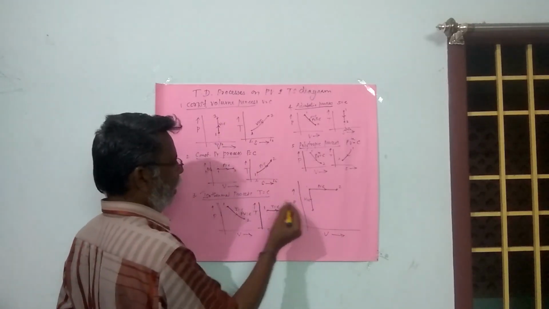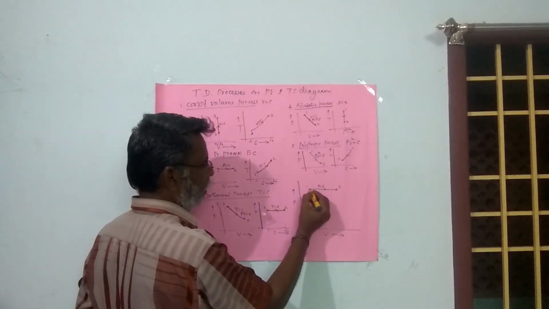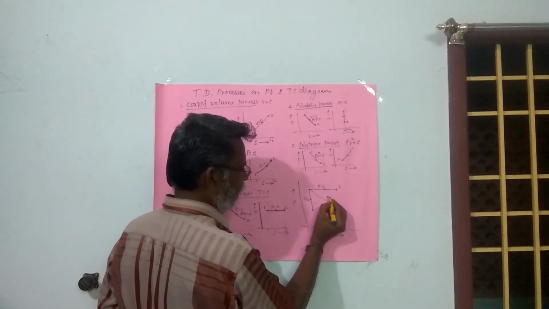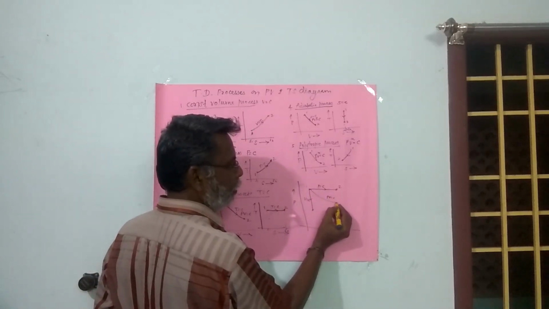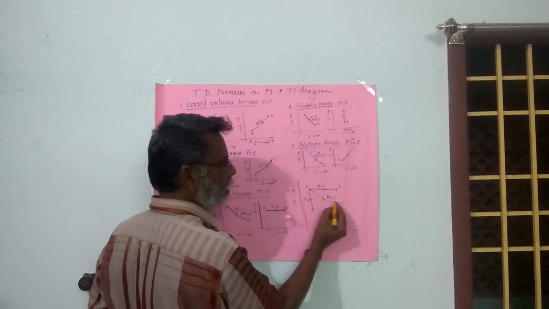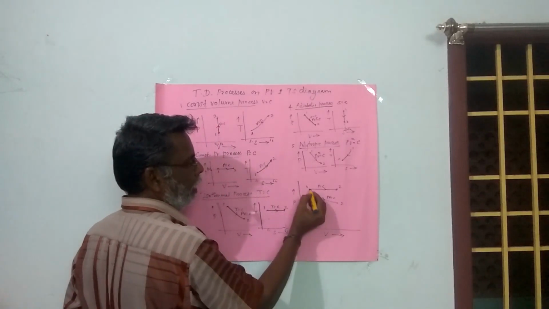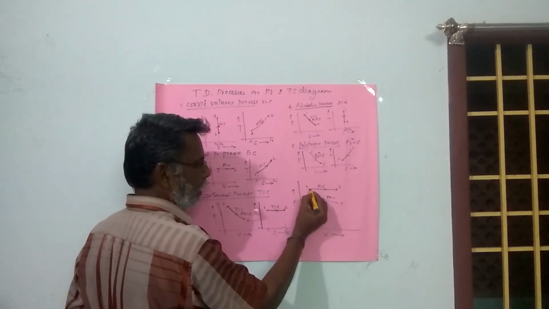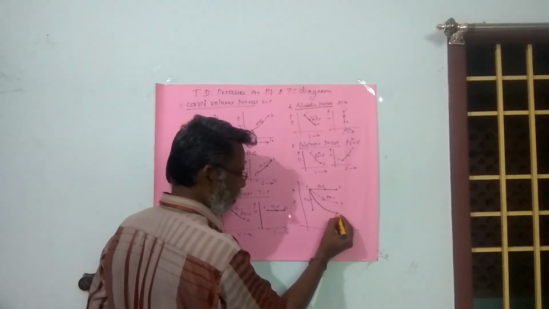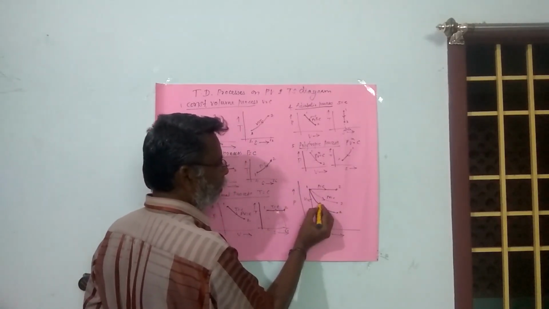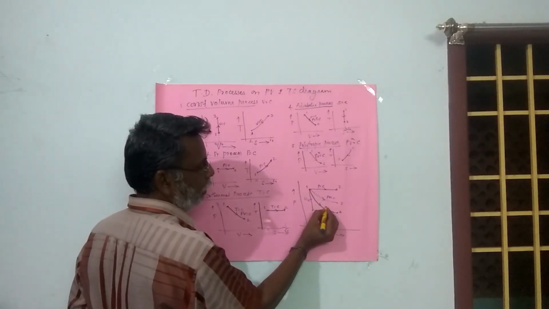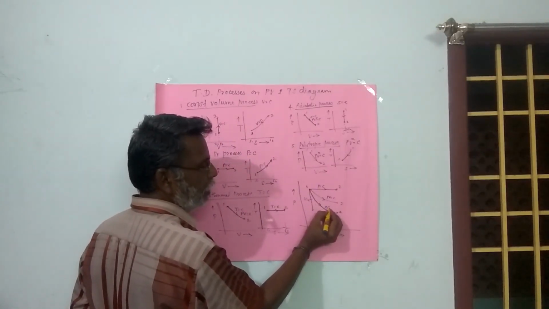Similarly, let's take this as PV is equal to constant, or T is equal to constant. So 1, 2. This is the isothermal process. And another one is the adiabatic process. 1, 2. For the adiabatic process, it follows the law PV to the power of gamma is equal to constant.